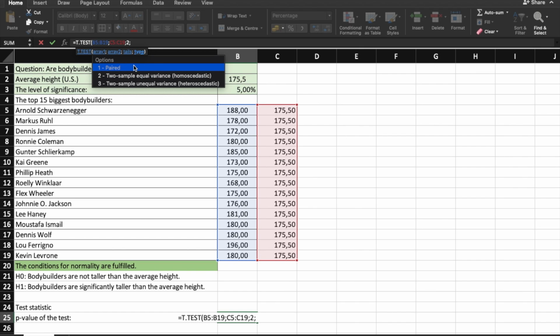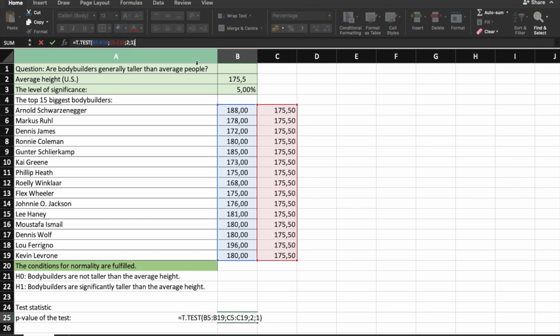Even though we are talking about one sample t-test, I've made a pair for my original group. That's why I'm choosing paired. And in Excel, you can also see which part of the Excel function you're actually at, because the bold one is the part which you are in right now. So let's choose paired and let's close the bracket and let's hit enter.